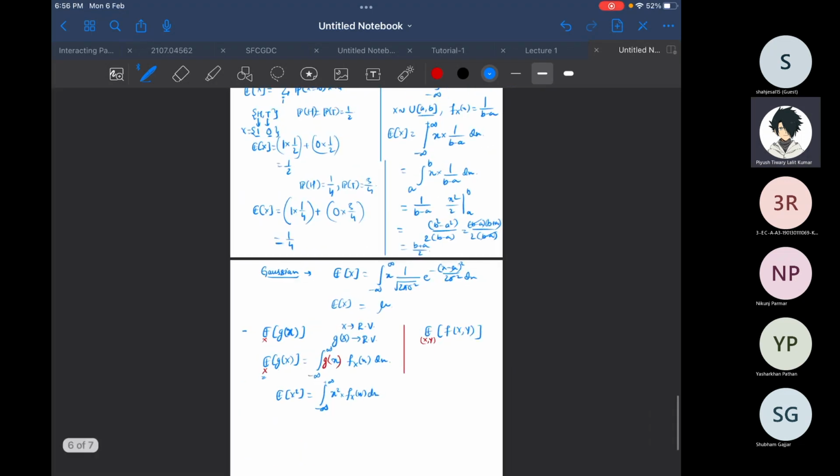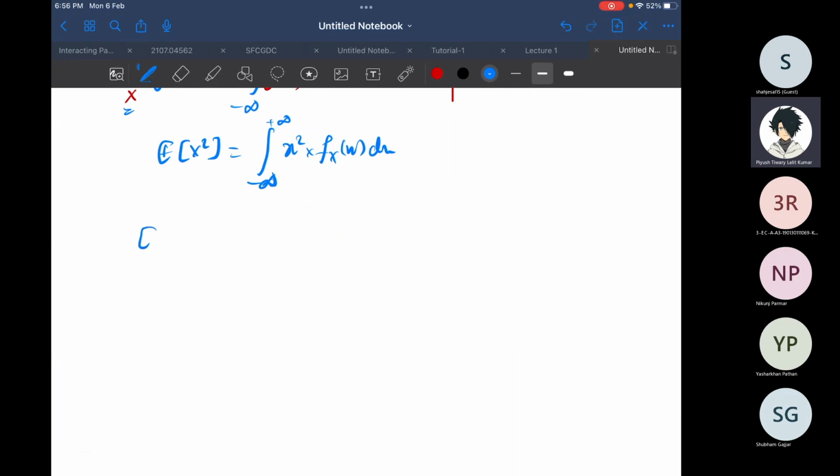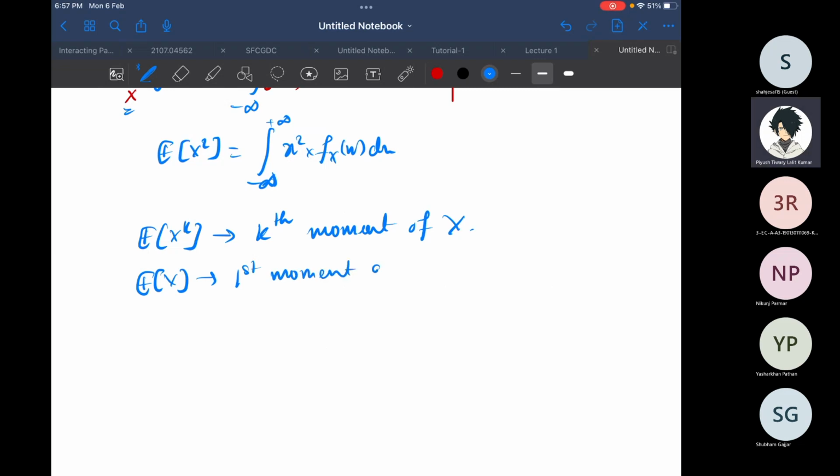So this was expectation, and in general, if you take the expectation of x raised to k, this is called the kth moment of x. So the expected value of x is the first moment of x. If I make this x square, this will be the second moment of x. So these are important.